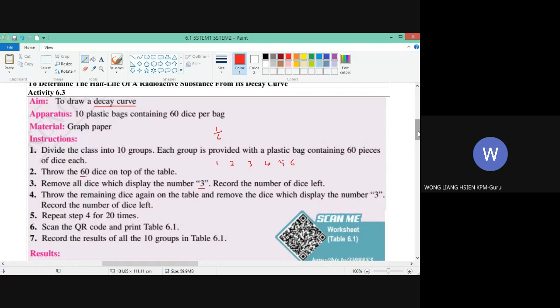It would be better if it says that if it shows number 4, 5, or 6, then you take away the dice, so that it shows that after one half-life, about half of them are gone.